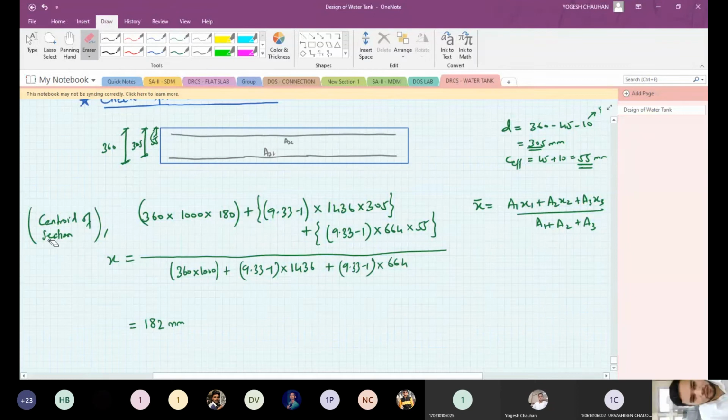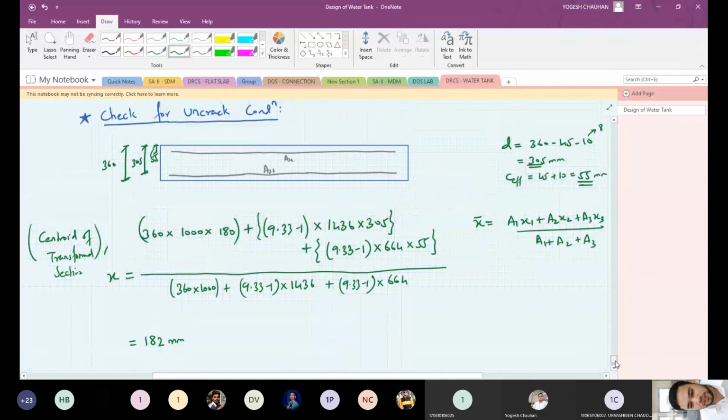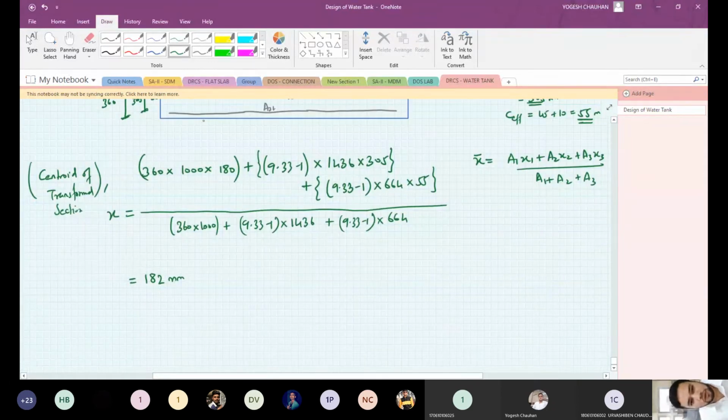Actually, this is the centroid of the transformed section, you can say. Because it is an uncracked section, the entire section is uncracked. So we have to transform the steel into concrete.